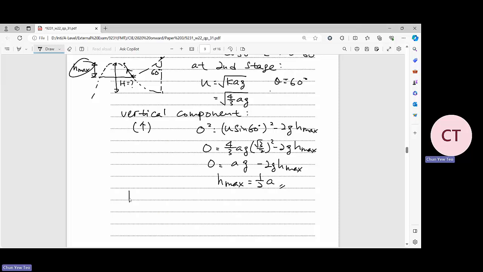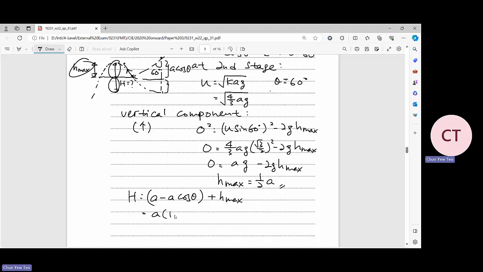But the total height is the maximum height plus this height. So what is the second height over here? This one, just now, is a cos theta, right? So what is the height here? This one, the height will be a minus a cos theta plus h max.